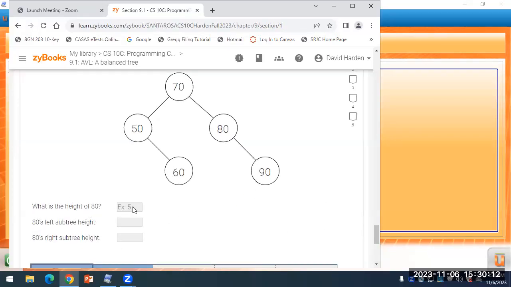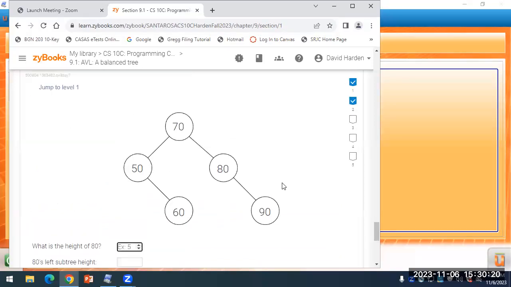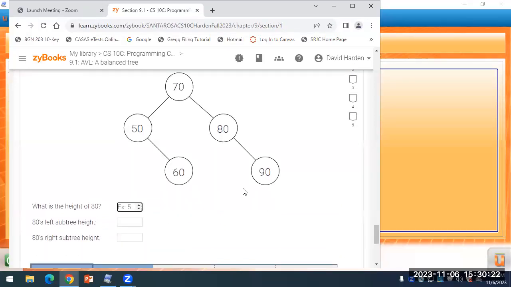What is the height of 80? It's not letting me do it. Don't just start, oh, duh. I still forget to do that. What is the height of 80? Yep. 80's left subtree height. 80's right subtree height.